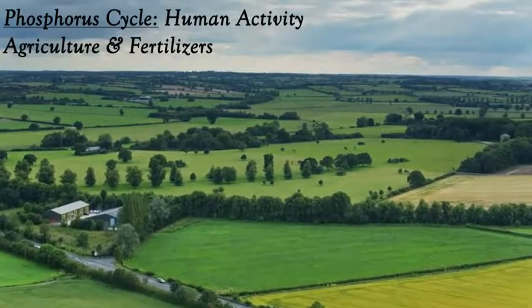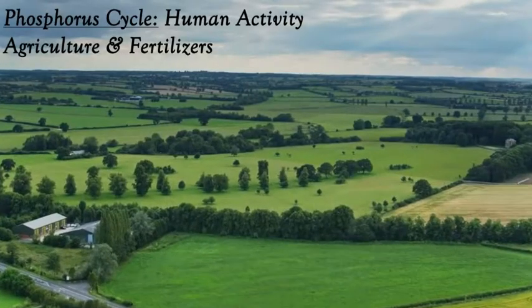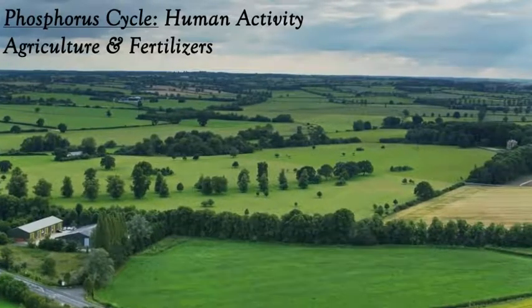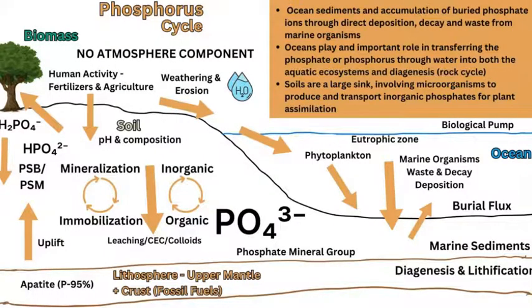However, runoff and erosion can carry excess phosphorus into other water sources, like lakes and oceans, and cause eutrophication. So looking at the phosphorus cycle as an entire complete cycle involving the biomass, the soil, the ocean and marine sediments, the rock layers with sedimentary rock, and also the oceans.